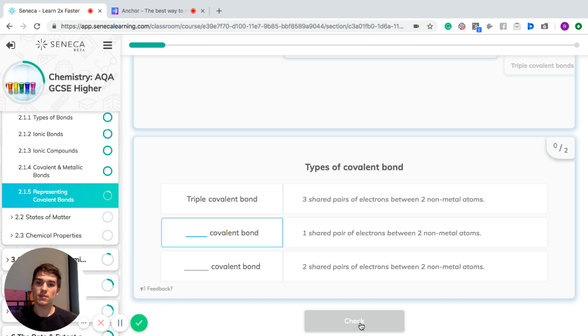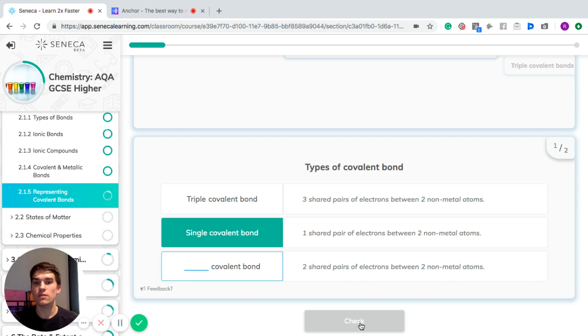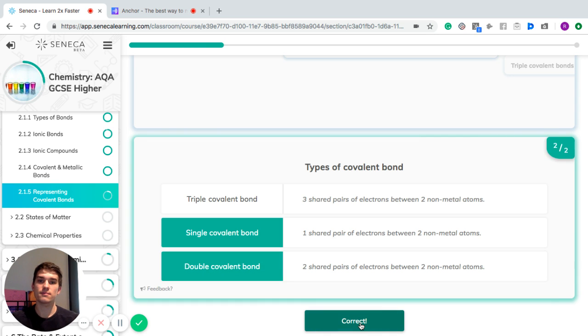And remember, a triple bond has 3 shared pairs of electrons, and that's between 2 nonmetals. One pair of shared electrons between 2 nonmetals is a single covalent bond, and 2 shared pairs of electrons between 2 nonmetals is a double covalent bond.